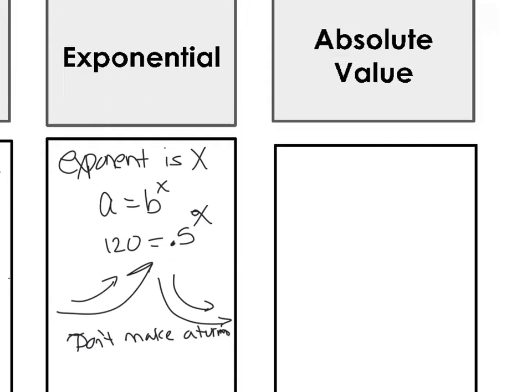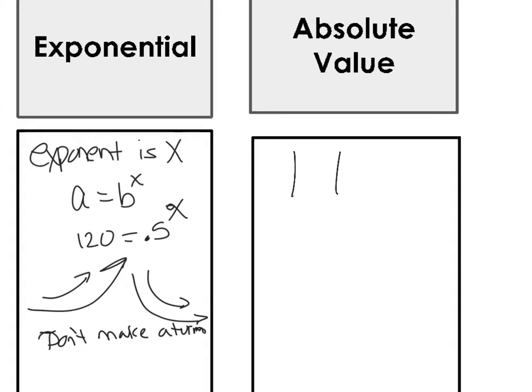All right, an absolute value has the absolute value bars, and its shape is a V. The V is either going up or it can be going down.